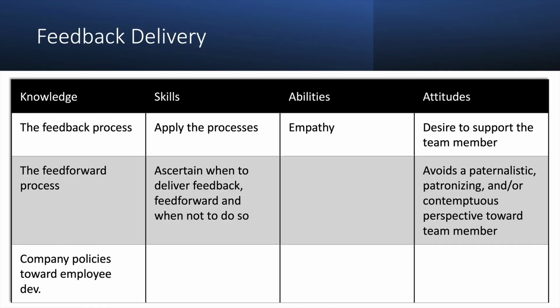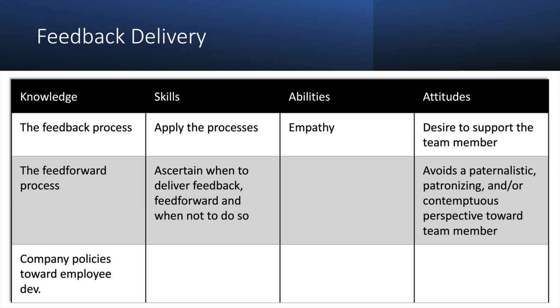From a feedback delivery standpoint, so to just pull the string on our example, basic knowledge might be the feedback process, or these days we've been teaching a lot of feed forward, so the process for doing that. Also, what are the policies the company, the organization may have toward general employee development, and how does feedback fit into that overarching methodology?